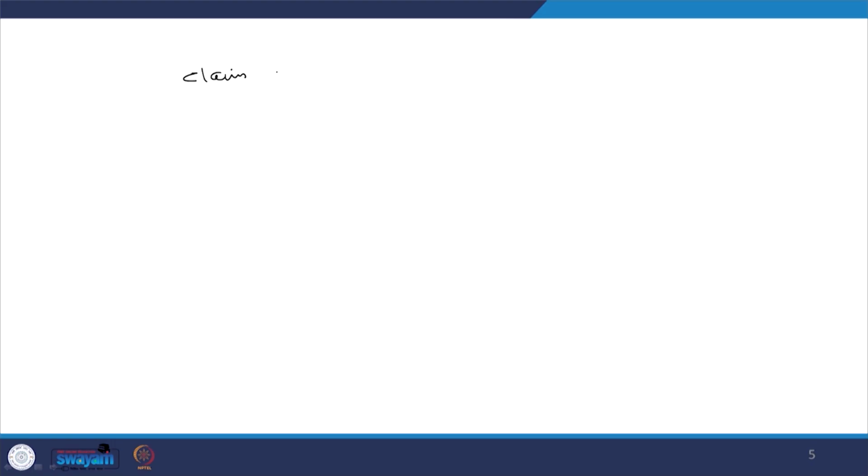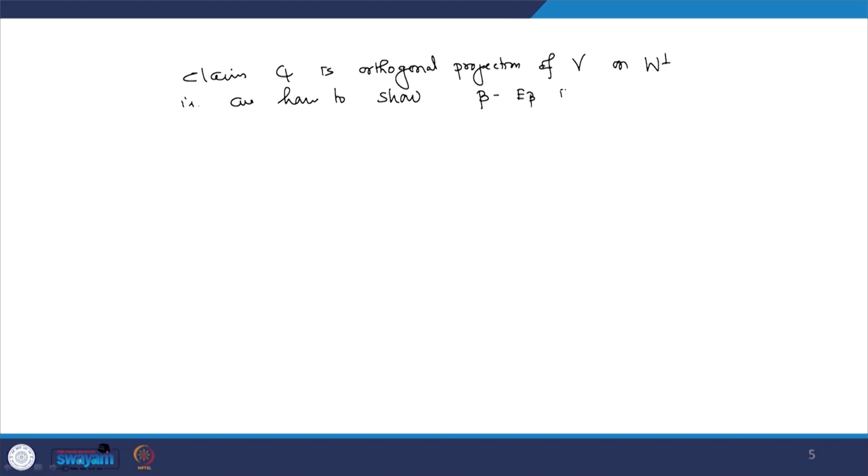Claim: psi is the orthogonal projection of V on W complement. We have to show beta minus E beta is the best approximation of beta on W complement.